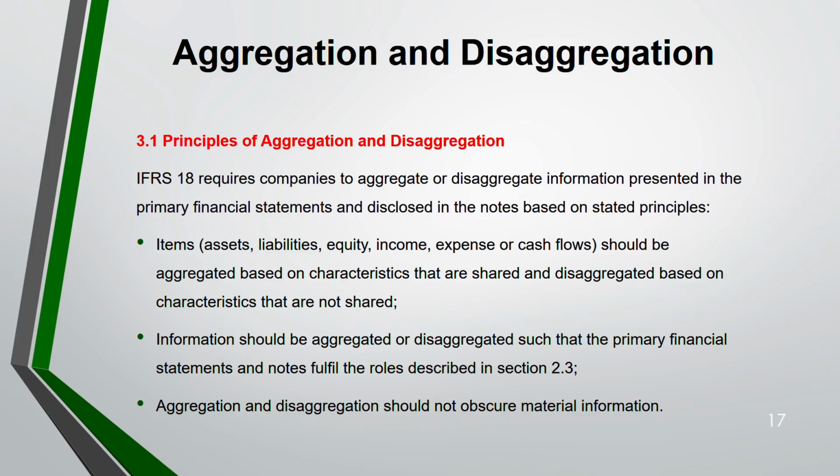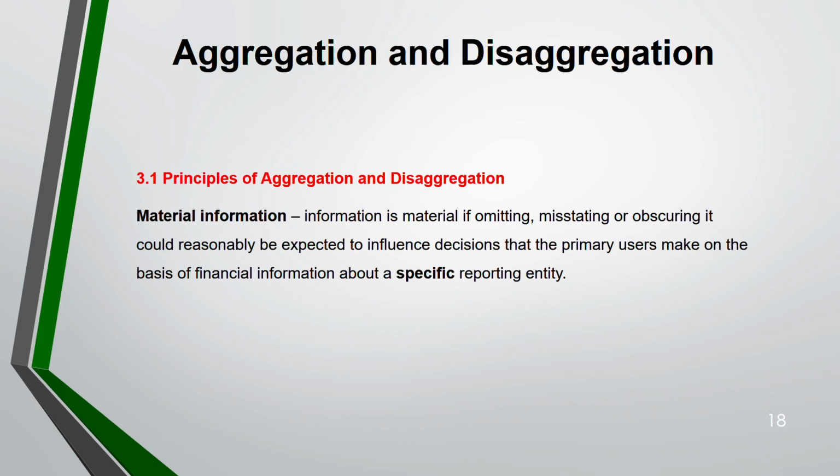If by aggregating it is hiding material information, then you should not aggregate, you should separately disclose. And if disaggregation is making it so you're not able to figure out what is important, what is not so important, so much information to read, you're not able to get a bigger picture, then disaggregation should be avoided.